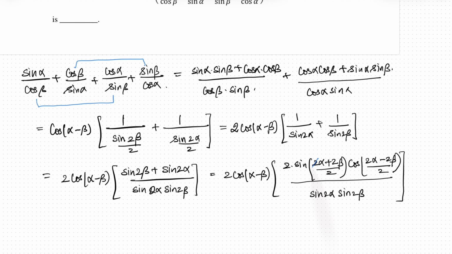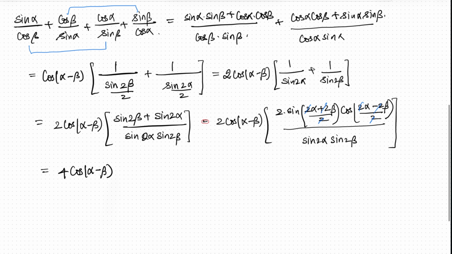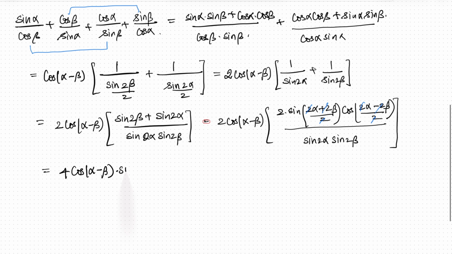I can cancel the 2, so I will be left with 4 cos of alpha minus beta times sin of alpha plus beta, and once again I am getting cos of alpha minus beta, so this could be written as cos square of alpha minus beta.